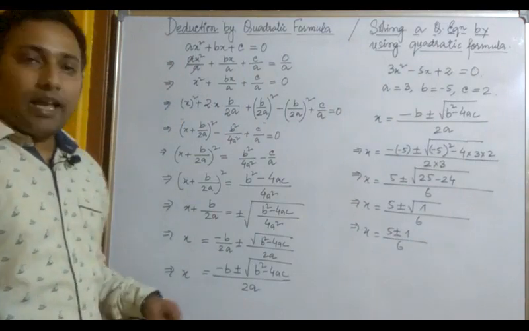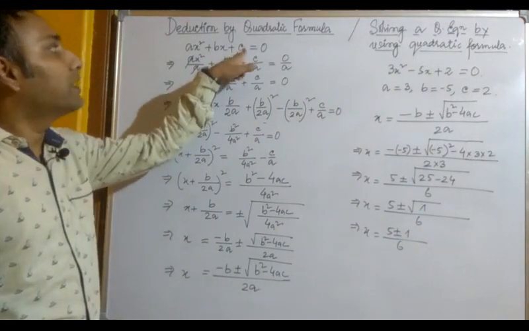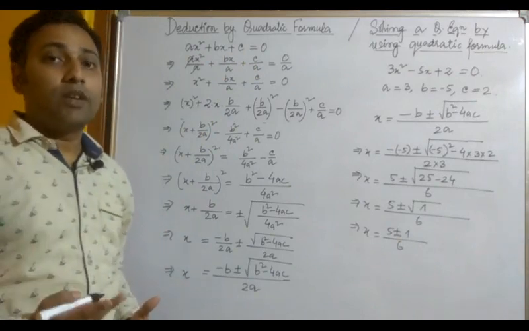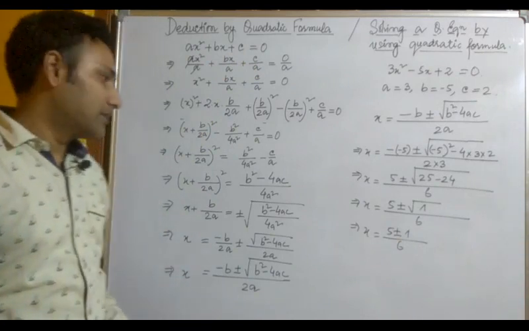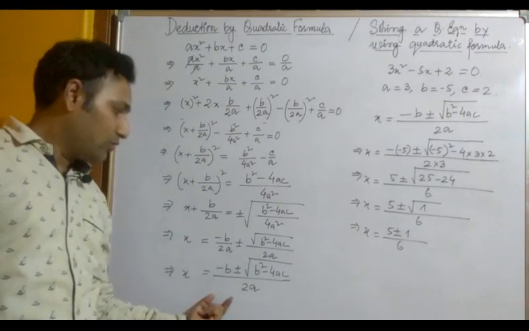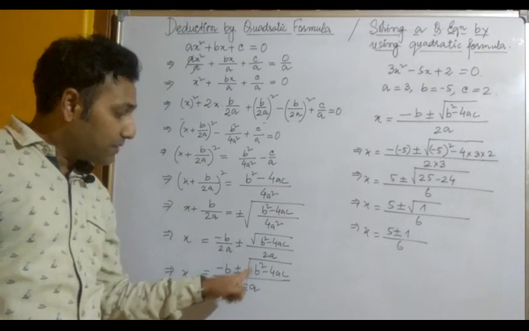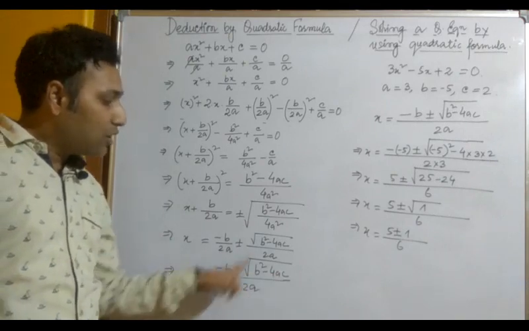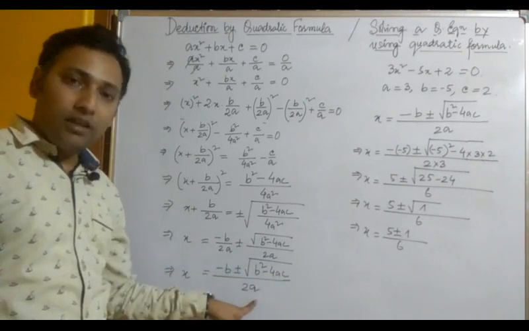Now as we know that the degree of this quadratic equation or any quadratic equation is 2. So whenever we solve a quadratic equation we get two solutions. So here two solutions we have got here also. One is minus b plus root over b square minus 4ac divided by twice a. Another is minus b minus root over b square minus 4ac divided by twice a.